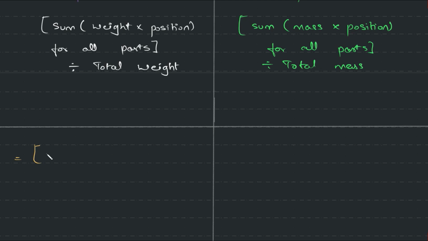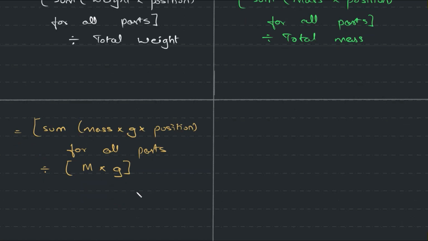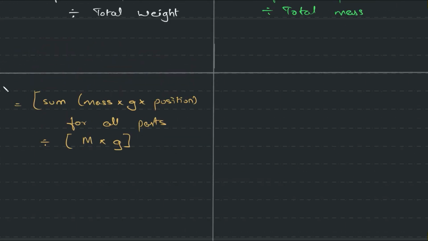We have the sum of mass times gravity times position for all parts, divided by total weight, which is total mass, capital M, times g. Okay, so this is your center of gravity.